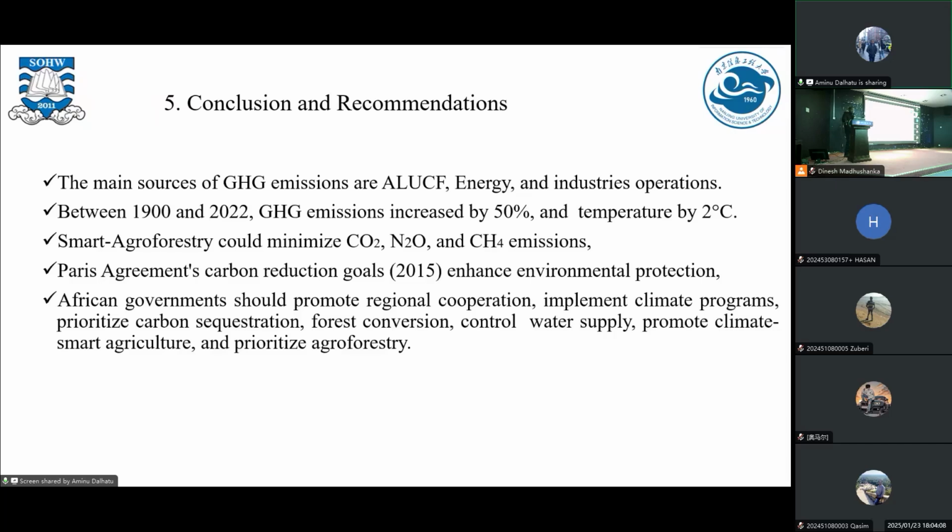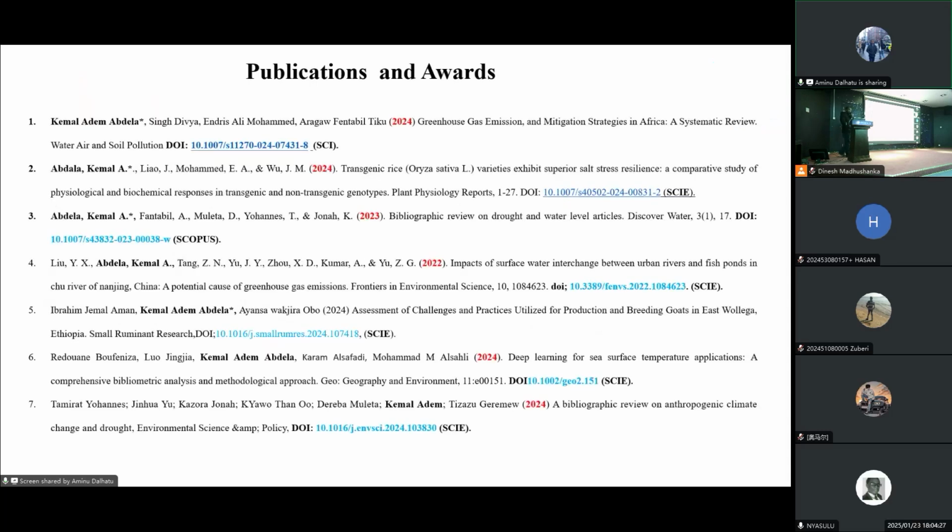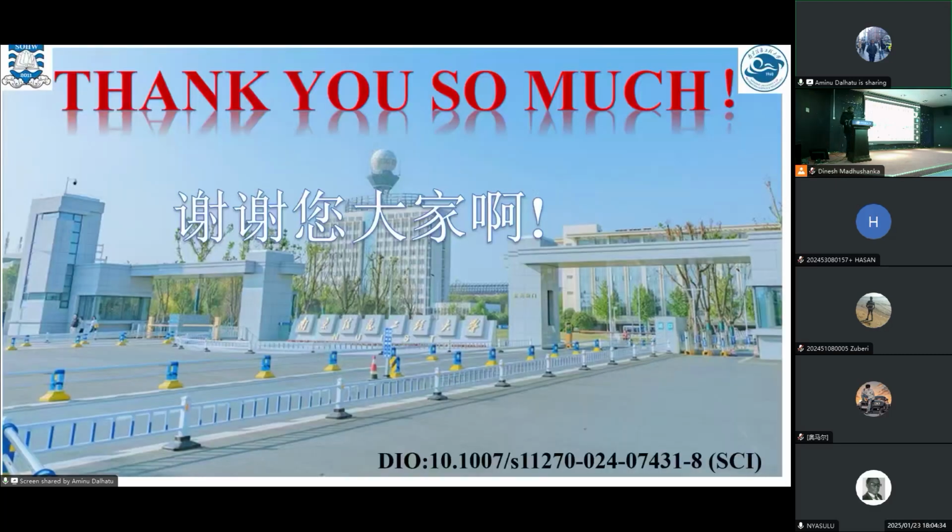In the Paris Agreement, the temperature rise should be controlled to 1 degree centigrade. Forestation and water supplies are being promoted. These are some papers related to climate change in my study. Thank you. If you have some questions, you are welcome.